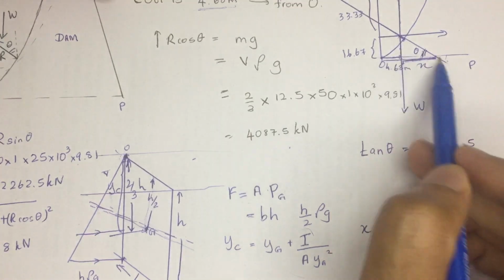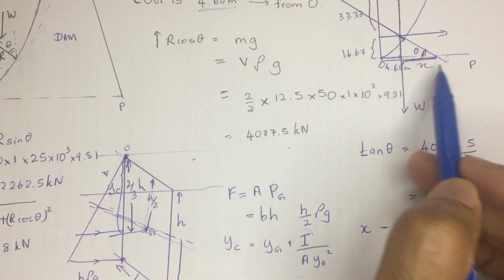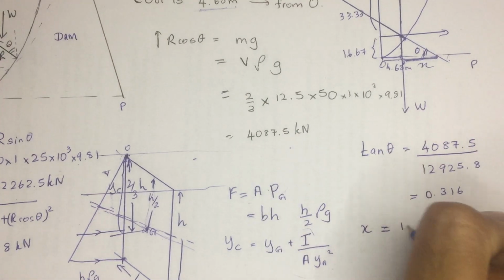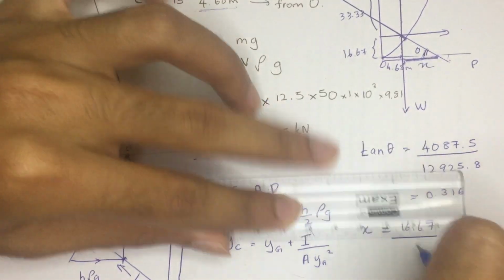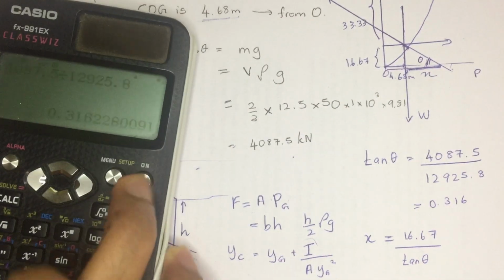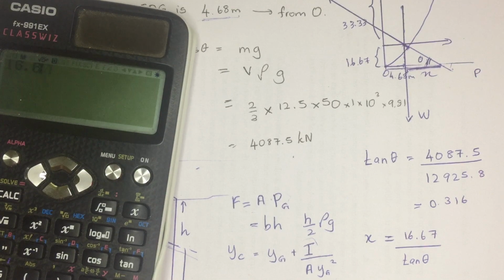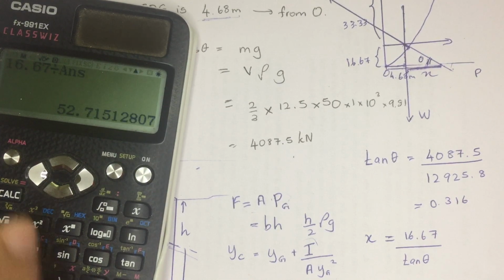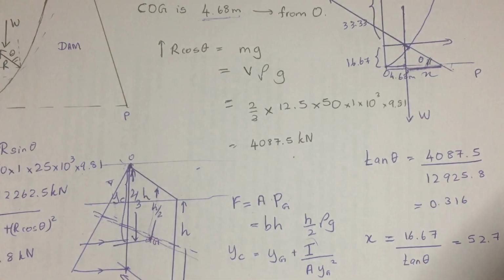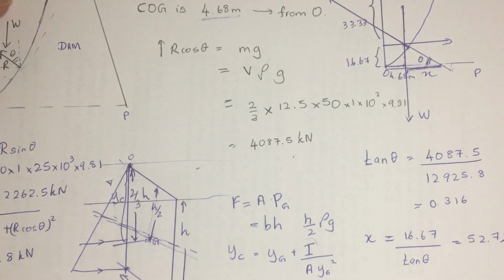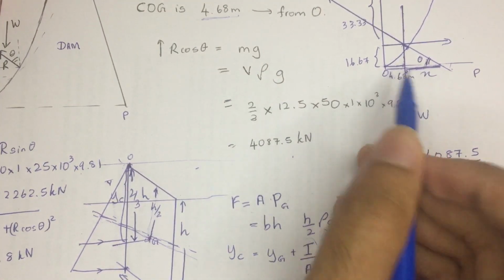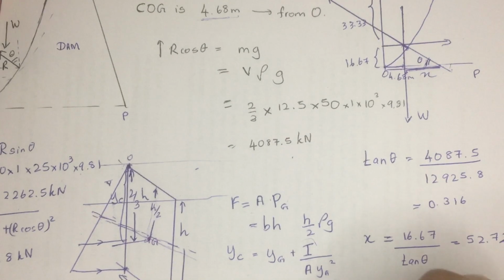If you consider this triangle, x tan theta would be equal to 16.67, so x would be equal to 16.67 divided by tan theta. We knew the value 0.316, so I'm going to use the calculator and get the answer. 16.67 divided by the previous answer we got is going to be 52.71072 meter.